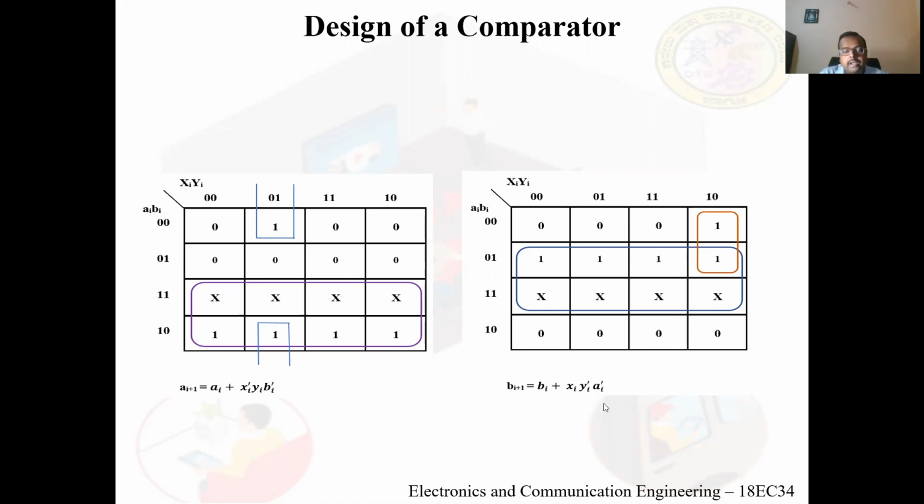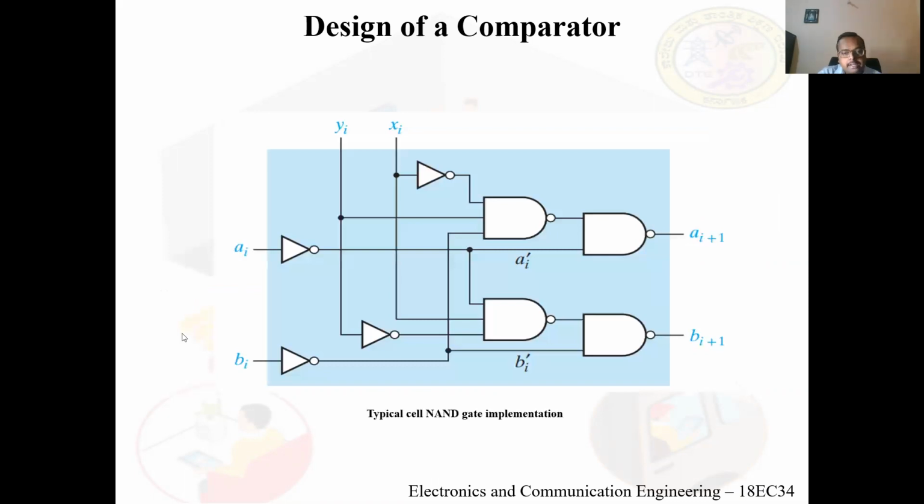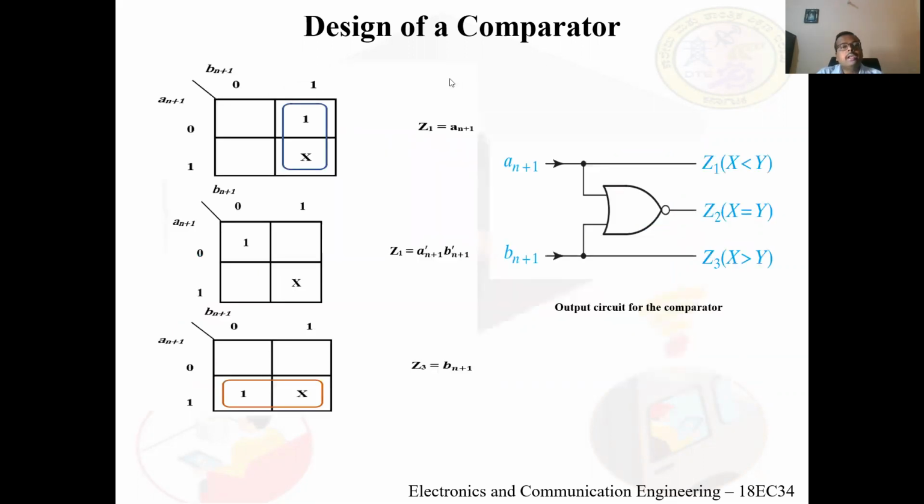The expression you get is bi plus 1 is equal to bi plus xi yi bar ai bar. Now, this is the implementation using NAND gates for one cell. Similarly, as we did for the next state equations for ai plus 1 and bi plus 1.